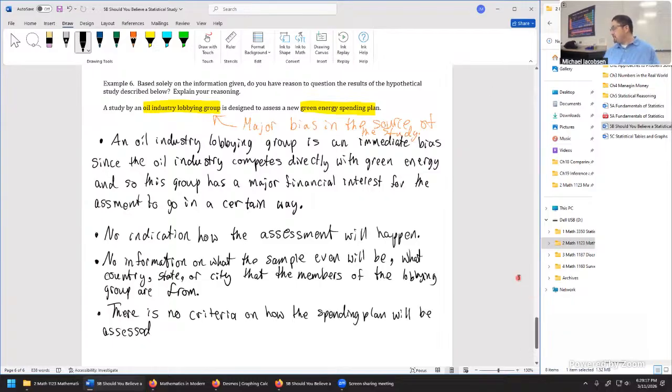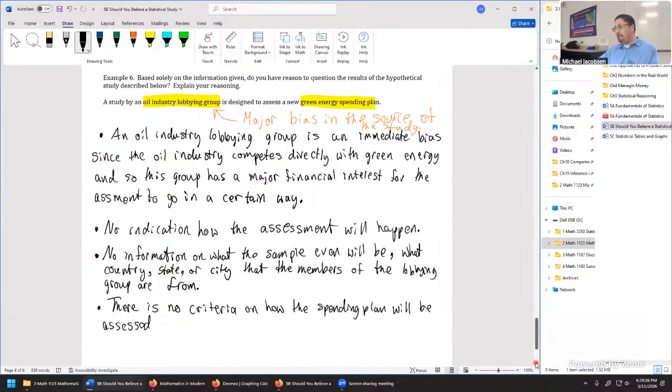Echo says it doesn't mention why they're qualified other than they're a lobbying group, right? I mean, they might go off to say this is all about energy, right? Whether it's green energy or other sources, it's all about energy uses, maybe in USA or globally. And so the oil industry will claim we're experts on energy use.